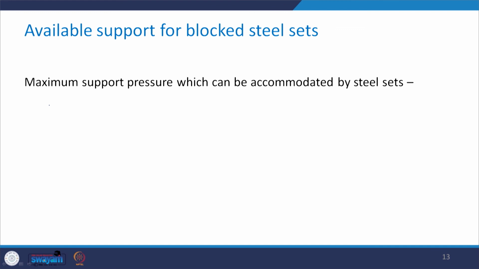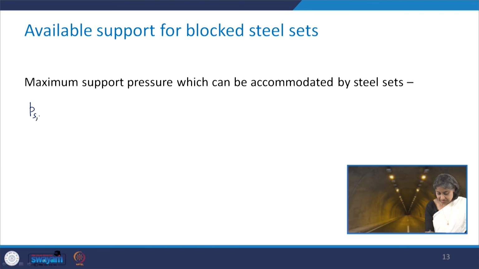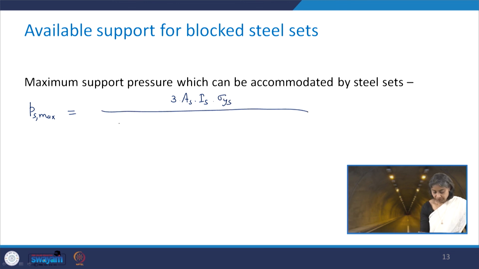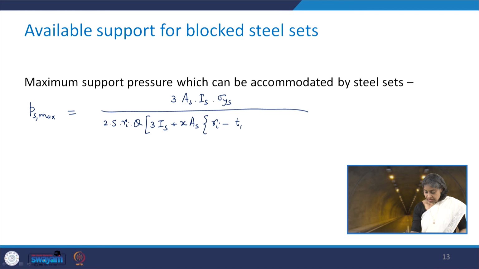This is the expression: PS max is equal to 3 into AS into IS into sigma YS divided by 2S into Ri into theta, in brackets 3IS plus X into AS into Ri minus TB plus half of X, into 1 minus cos theta.